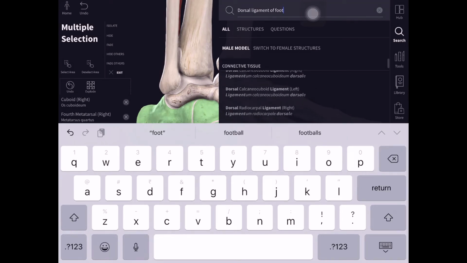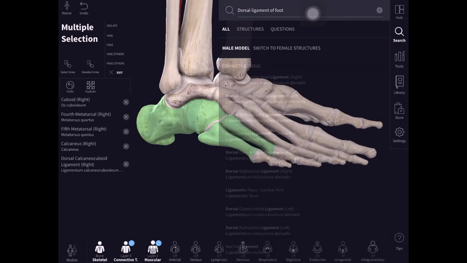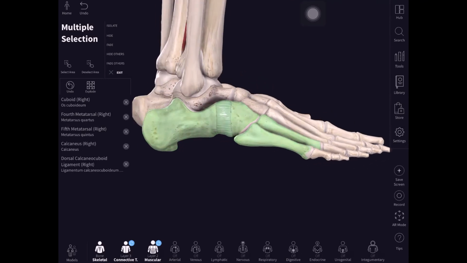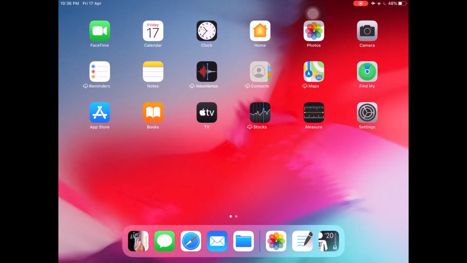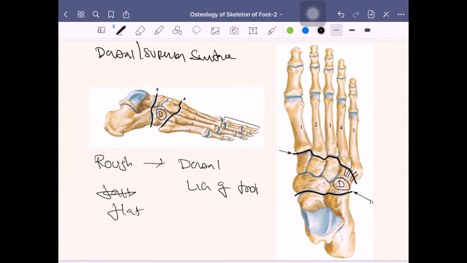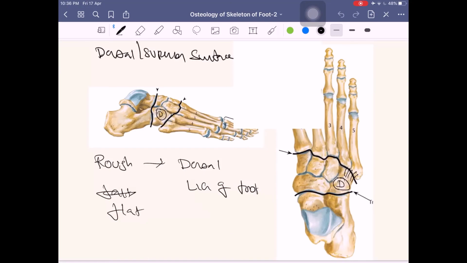It is not showing the ligament here. Possibly this is a ligament, though I'm not sure. There should be some ligament like this. Okay, so next, only two ligaments I can think of. One ligament which should hold this joint, the other ligament should hold this joint, so both are dorsal ligaments.